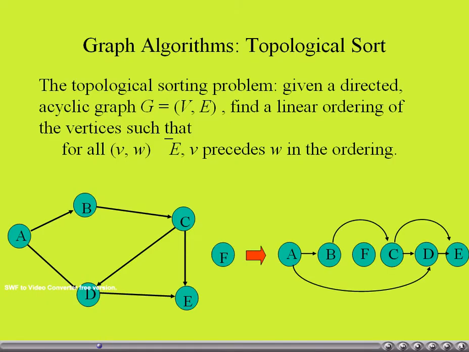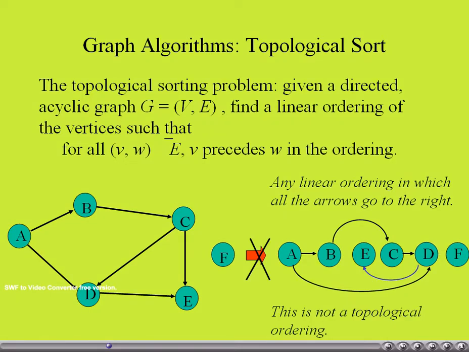For this graph, the topological order is A, B, F, C, D, E. For this graph, A, B, E, C, D, F is not an acceptable topological order, as it is expected that all the arrows are supposed to go to the right.